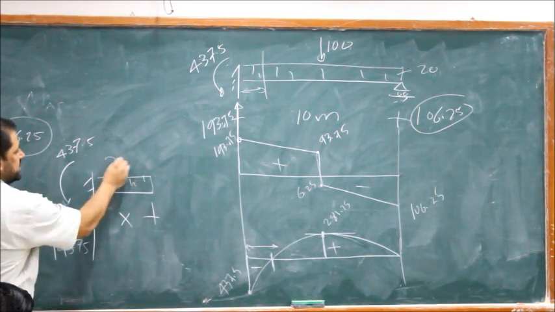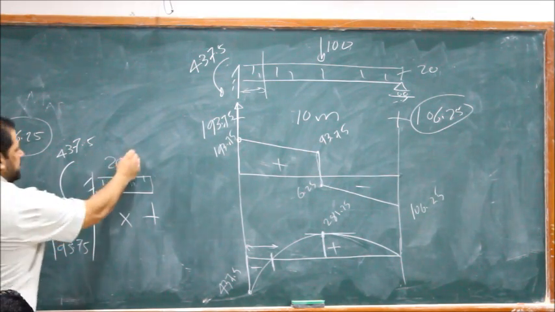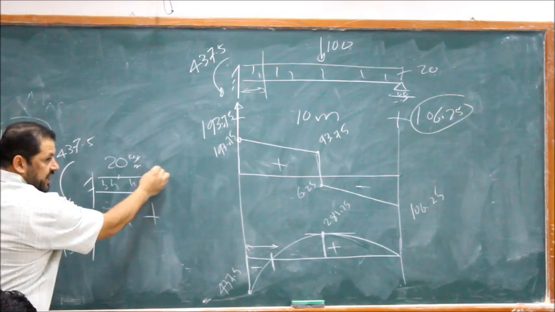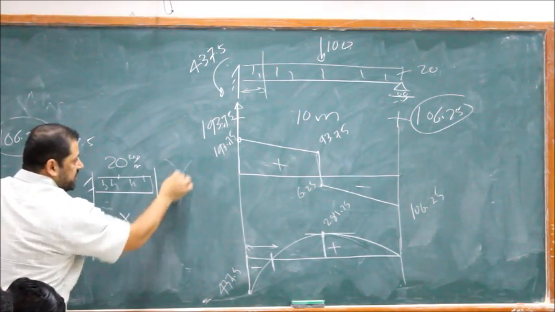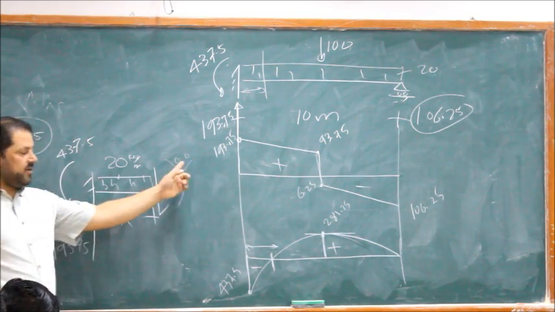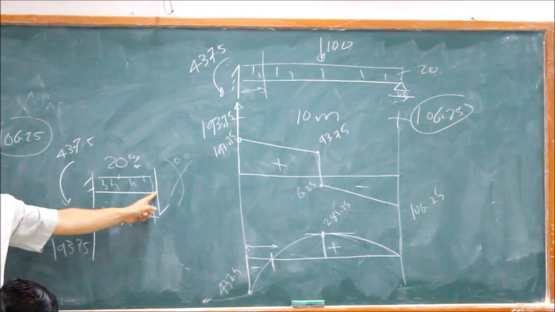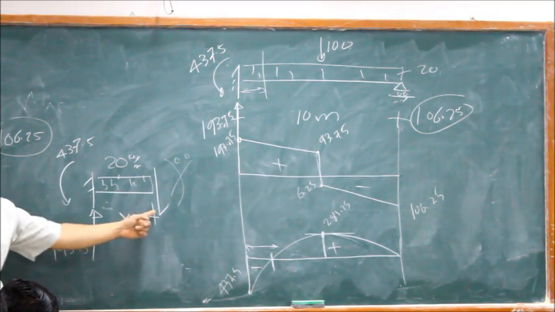The distributed load is 20 kilonewton per meter. We have shear here, right? And how much the moment? Zero. That's your point. The moment is zero. So if you take sum of the moment here equal to zero, you will be able to find this one.